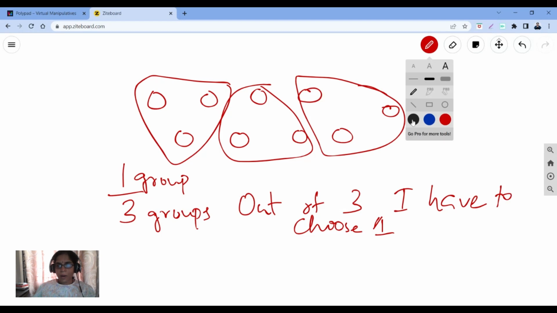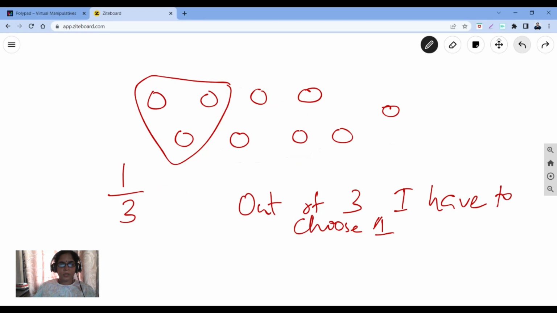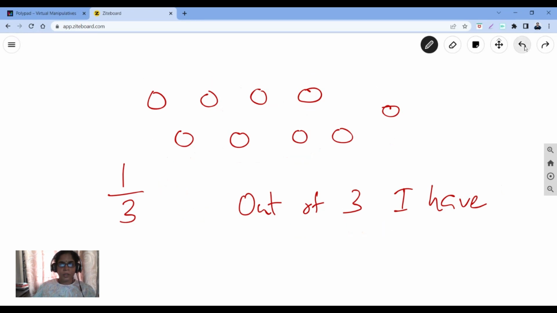So one third means one group out of three groups. Let my question be: I have to color one third black.